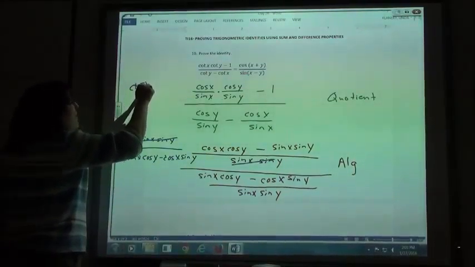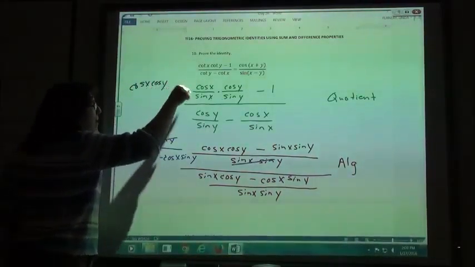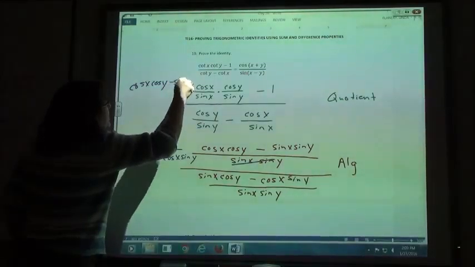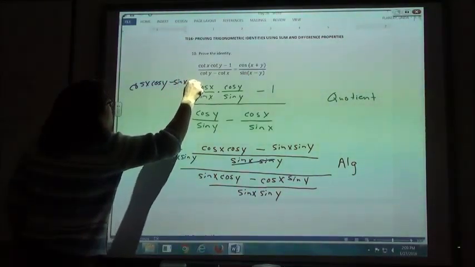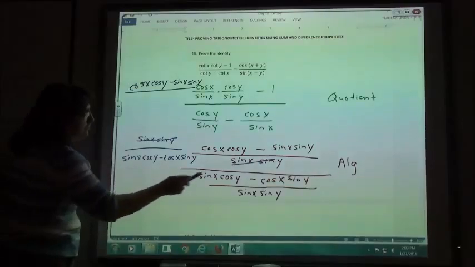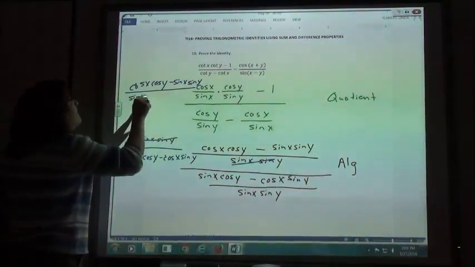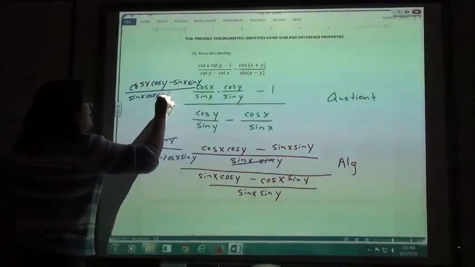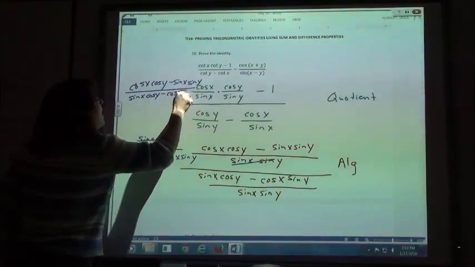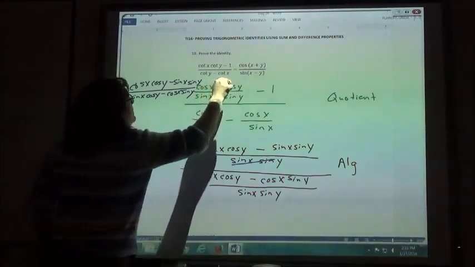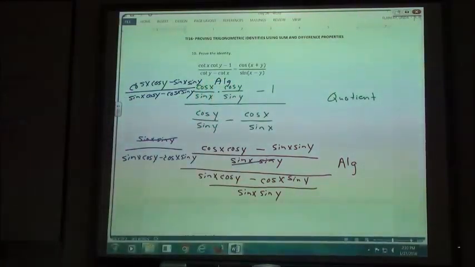So cosine of x, cosine of y, minus sine of x, sine of y, over sine of x, cosine of y, minus cosine of x, sine of y. And that again, writing that right on top of my other work, just doing algebra again.